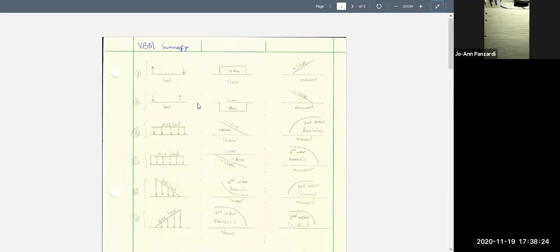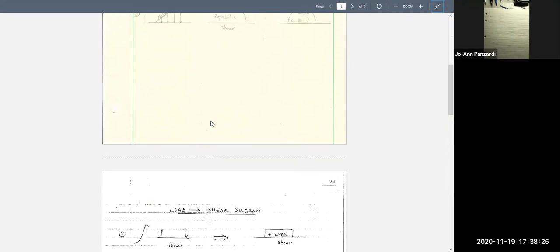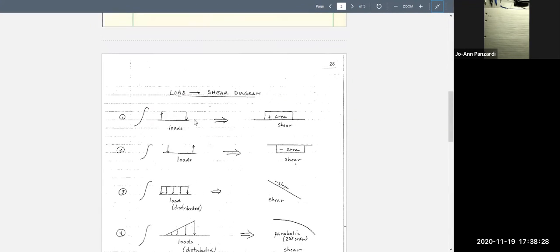This first page is a summary of all, but I separated it also. So we notice then when the load goes up and then the load comes down, our shear diagram goes up and then comes down. When our load goes down and then comes up, the shear goes down and then comes up.